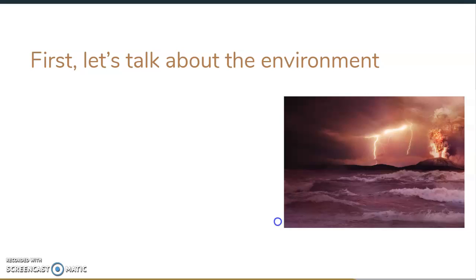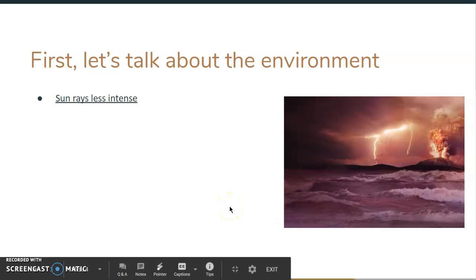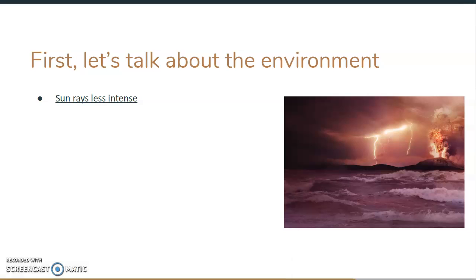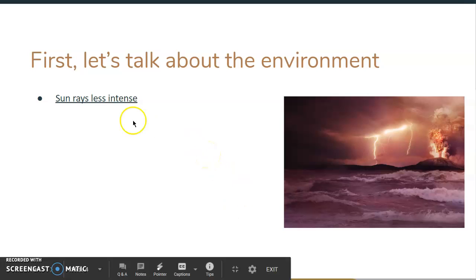Early Earth was actually a little bit, well, I should say the rays of the sun during the time of early Earth, which was billions of years ago, was much less intense than it is today.